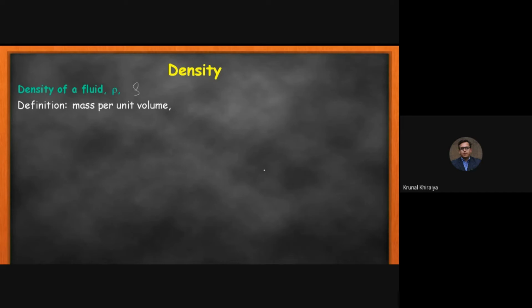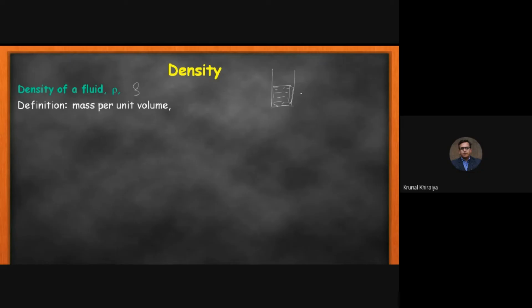Suppose I have one pan or one bottle and I fill it with liquid. The space occupied by the fluid is called the volume, and the mass is the quantity of matter, how much quantity is there.